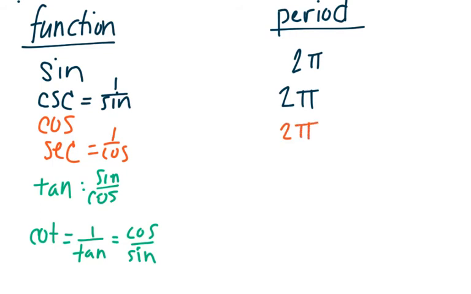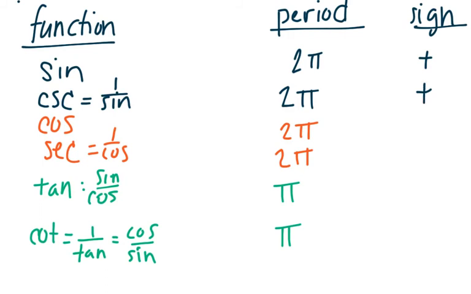So my period for cosine is 2 pi, and my period for secant is also 2 pi. And then my period for my tangent function, remember, was pi, so the period for my cotangent was also pi. As far as the sign of our functions go, wherever our sine is positive, our cosecant has to be positive.